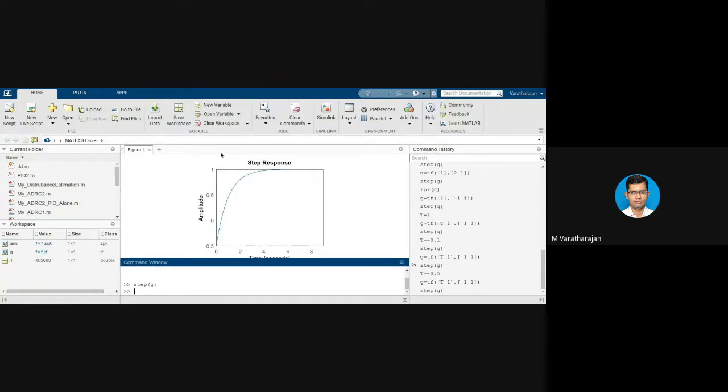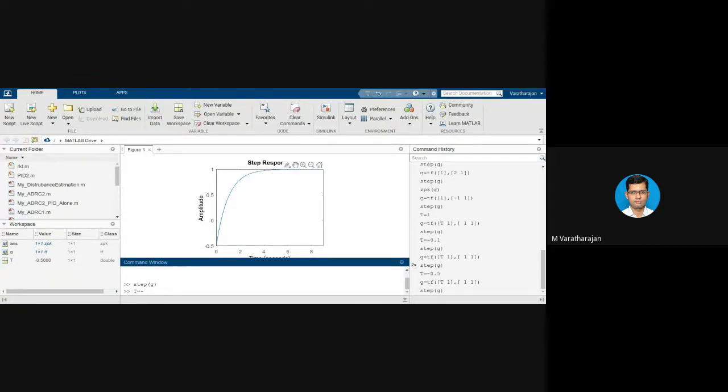Now we can see that when a step input is applied, exactly at time t equal to 0, with amplitude 1, the response is starting from some negative value. That means momentarily the response will be in the opposite direction of your input, and after that, the system will converge to the final value.